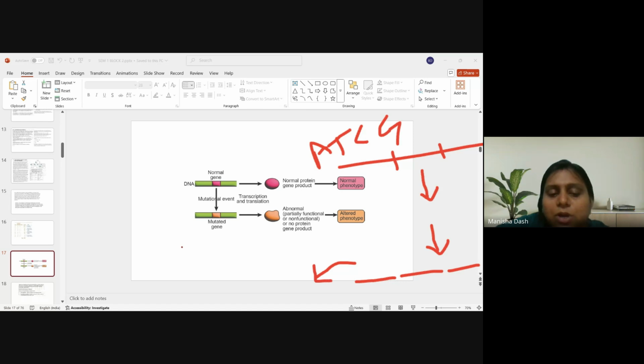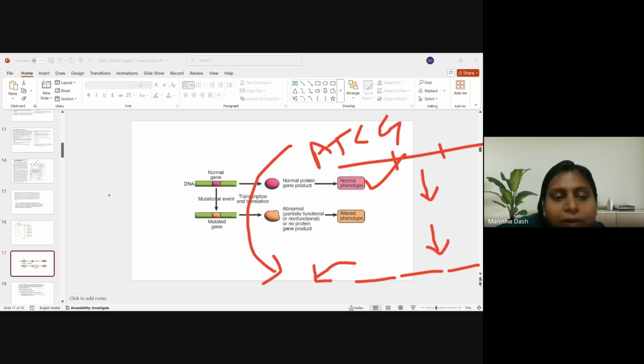The protein in turn will give a particular characteristic or trait which we call a phenotype. So any change in the sequence of DNA can affect the end product, that is the phenotype. So this process is called mutation.